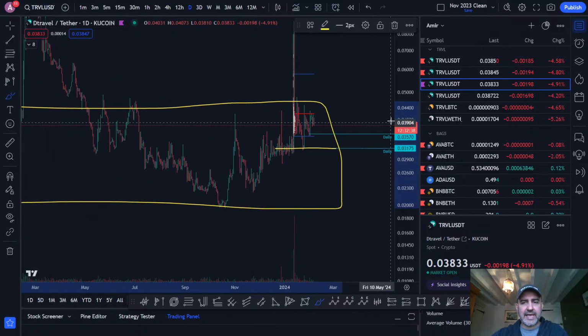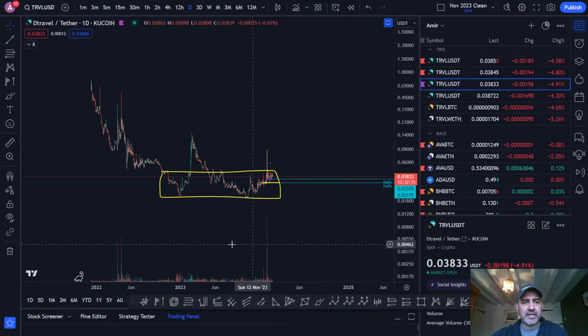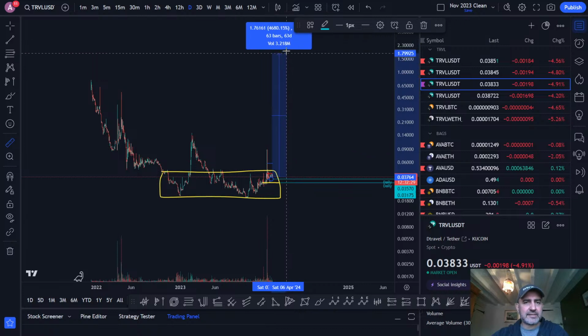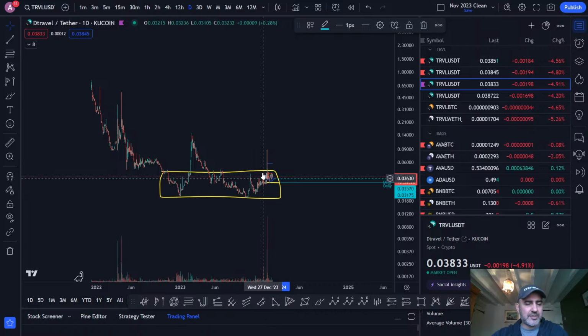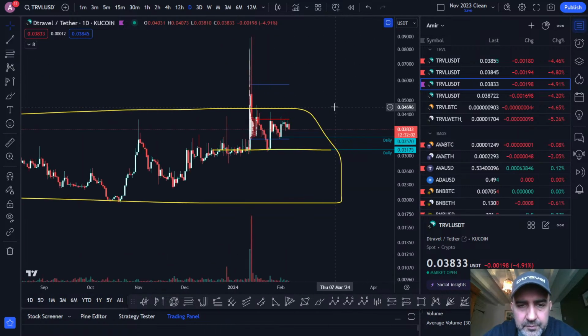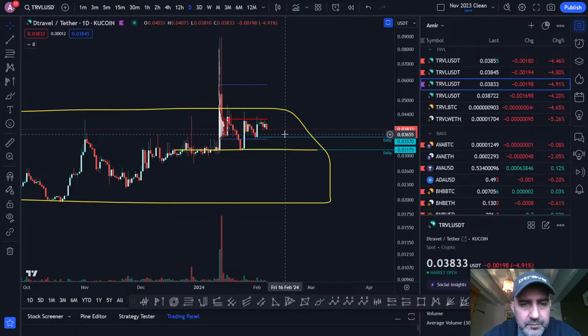And in the scale of things, when you're looking to go up 20x, 40x, 60x, it doesn't really matter where you accumulate in the lows because you're just dollar cost averaging, you're averaging your position.